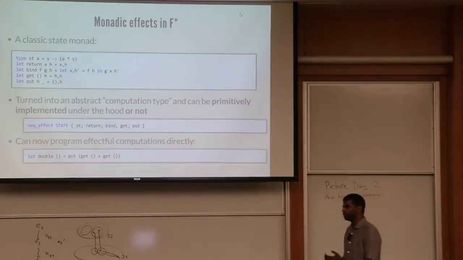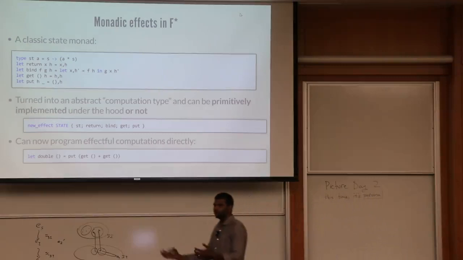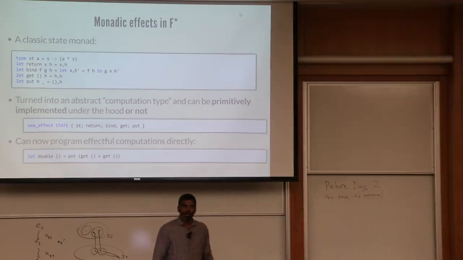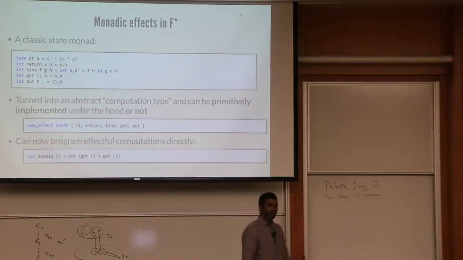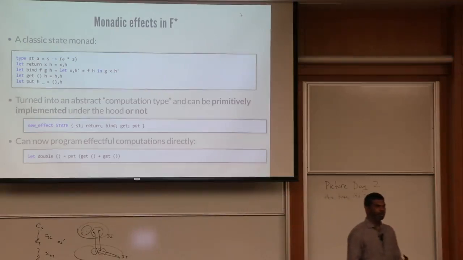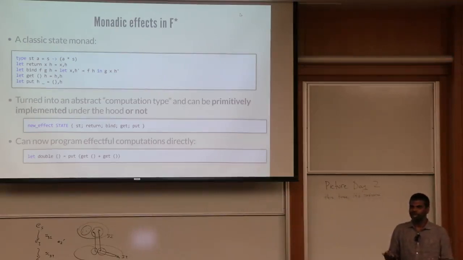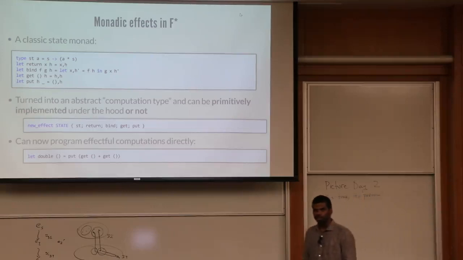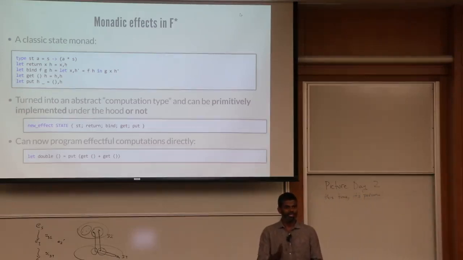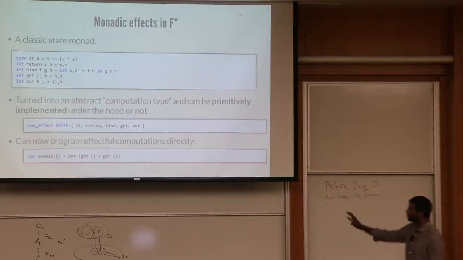What happened then was that monads became a way to structure functional programming with effects in many functional programming languages, including Haskell and OCaml and many others. But initially, monads were there as a way of just explaining the semantics of call-by-value. And that's what's happening here.